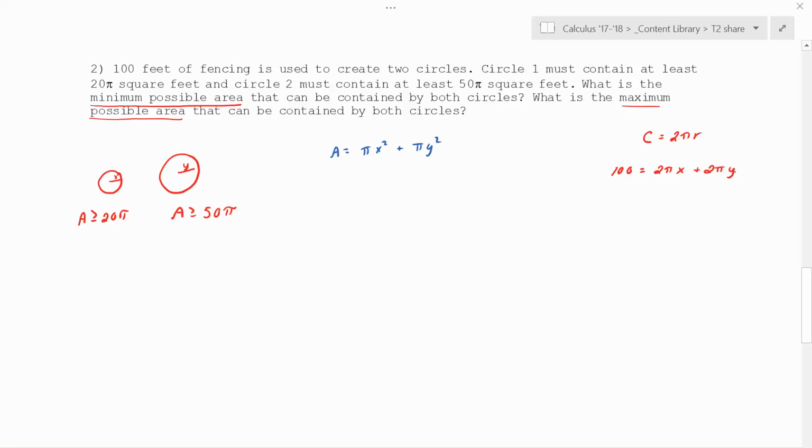And if I want to solve for y, I can solve for either of them, but I generally solve for y. I've got 100 minus 2 pi x equals 2 pi y. Dividing each side by 2 pi, I have y equals 100 minus 2 pi x over 2 pi, which I can reduce to y equals 50 over pi minus x.